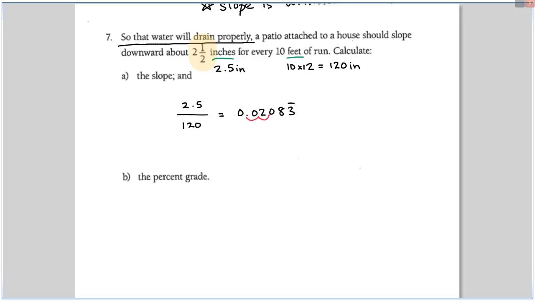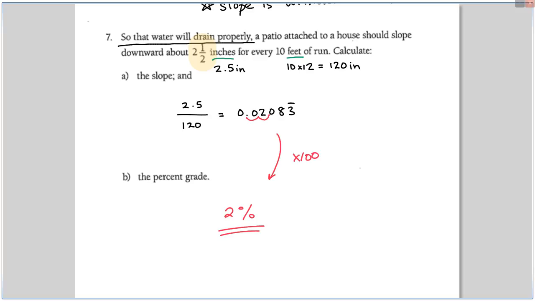So what's the percent? 2%. Good. And if you want to round it up, that's fine. But if you were going to put this on a sign for the road for people, I don't think you would put 2.1%. You'd probably just put 2%. Okay. So 2% grade. And that would go down here. All you have to do to get there is times 100.